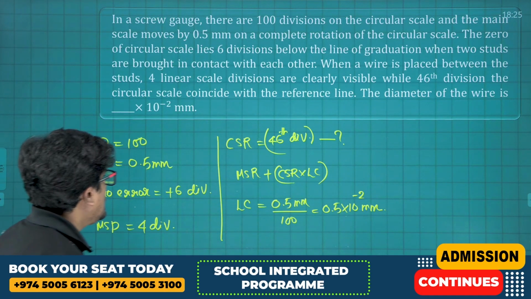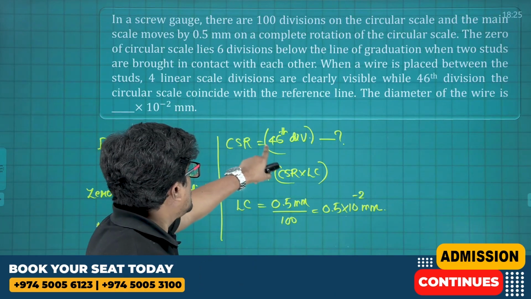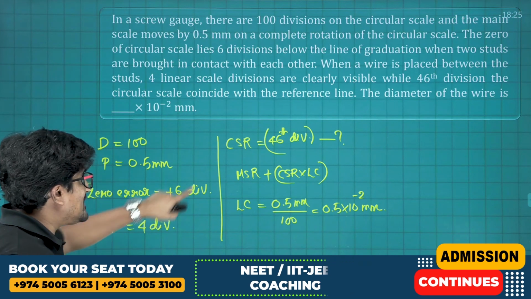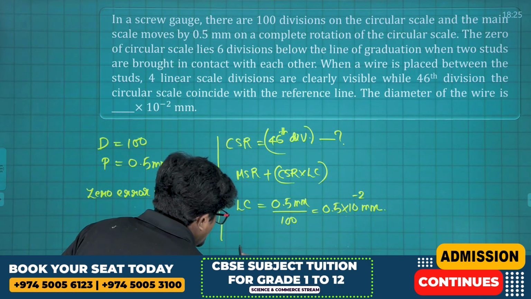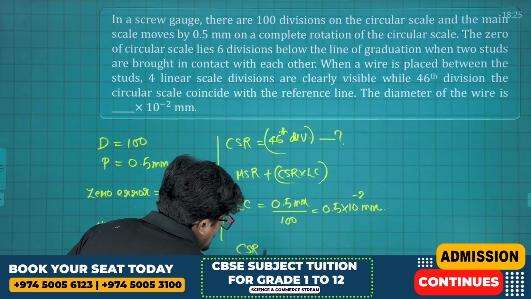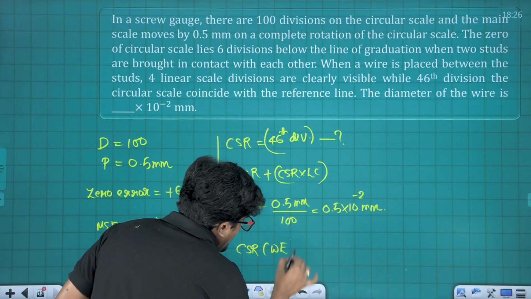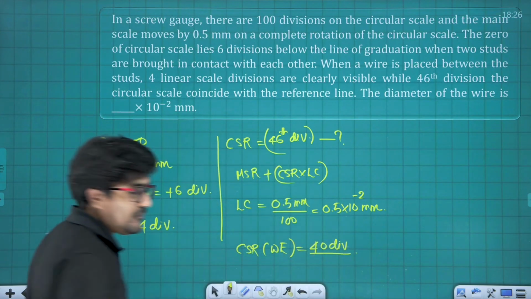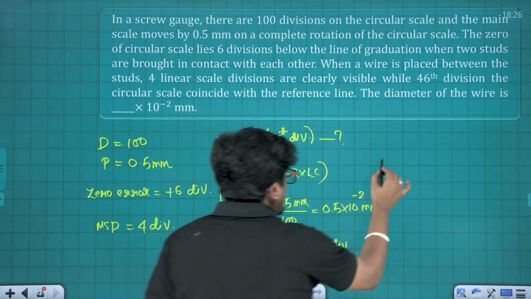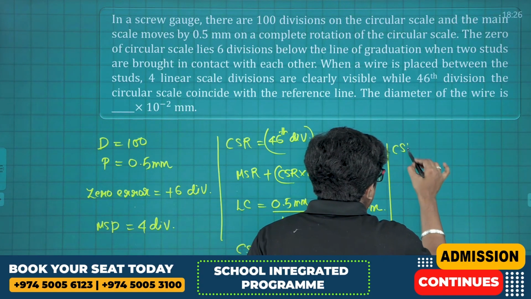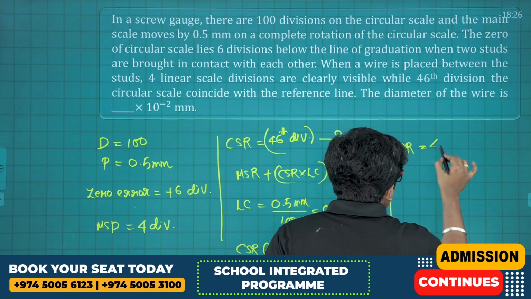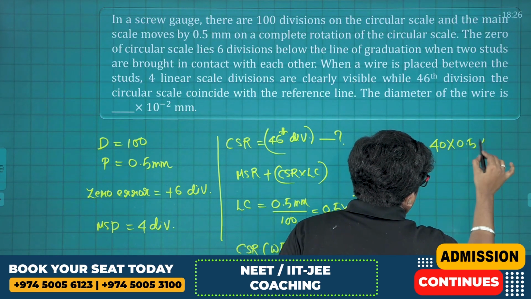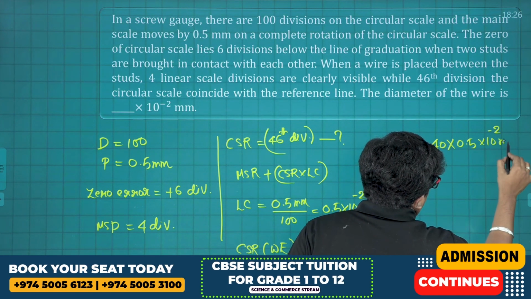We have the circular scale reading as 46 divisions and a zero error of plus 6, so the circular scale reading after correcting the error is 40 divisions. So the circular scale reading is 40 into 0.5 into 10 to the power minus 2 mm.